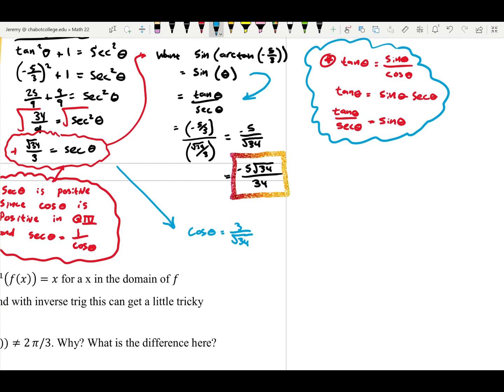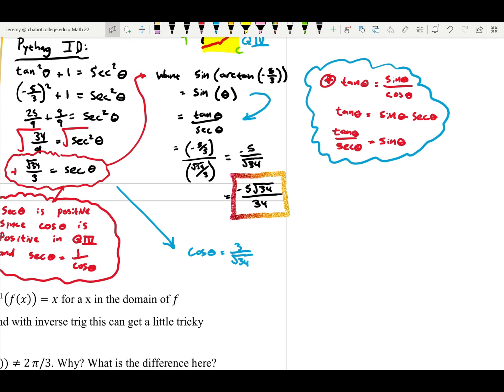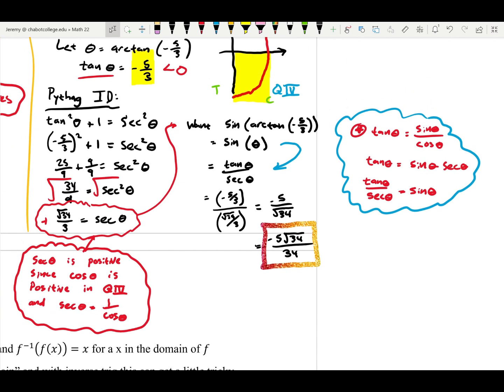We could have plugged this into another Pythagorean identity: sine squared theta plus cosine squared theta equals 1, substituted this in for cosine, and solved for sine. So there are multiple ways that you could do this. This was kind of the path of least resistance for me.